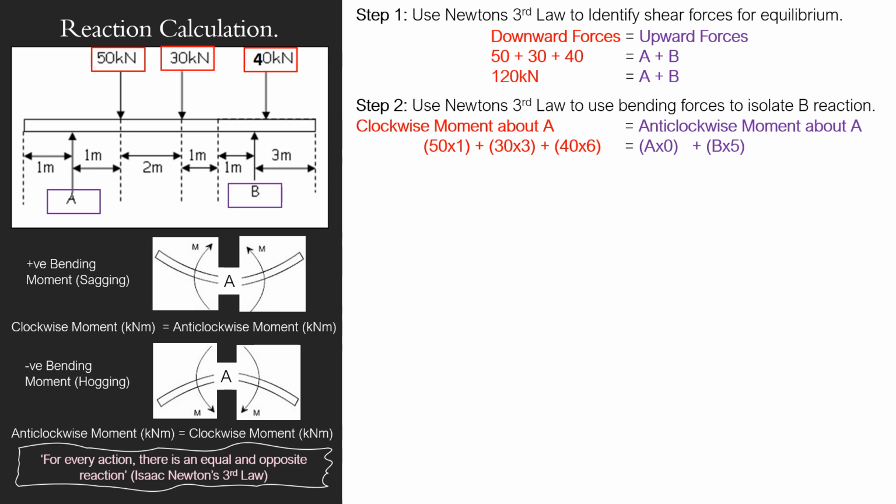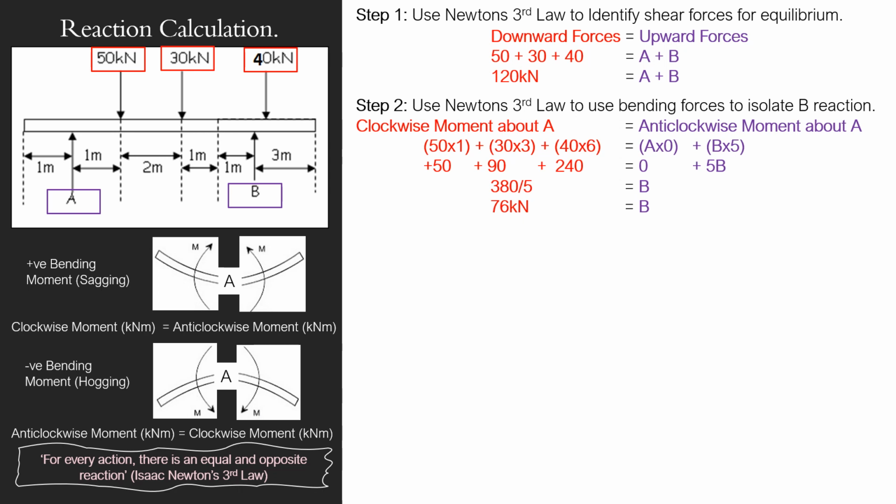And the way to do it in the formula is just times it by 0 because there's 0 distance from A. So if you do A times 0, it is 0. So A is therefore cancelled out. The B is 5 meters away, it's pushing upwards, it's causing it to go in an anti-clockwise direction, so that would always be there.